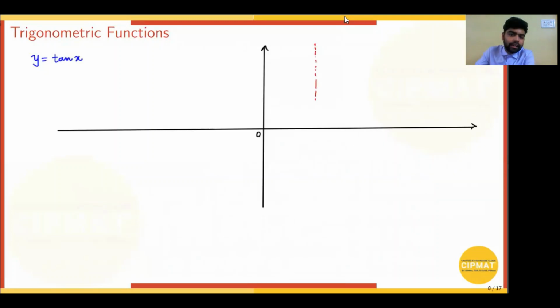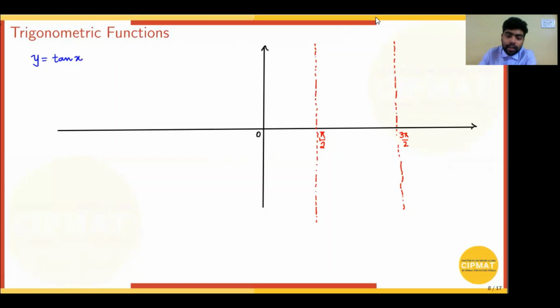One straight dotted line I'm drawing over here. Another dotted line I have drawn at x equals pi over 2. Similarly, another dotted line is going to come at 3 pi over 2, and it is going to go on like this.